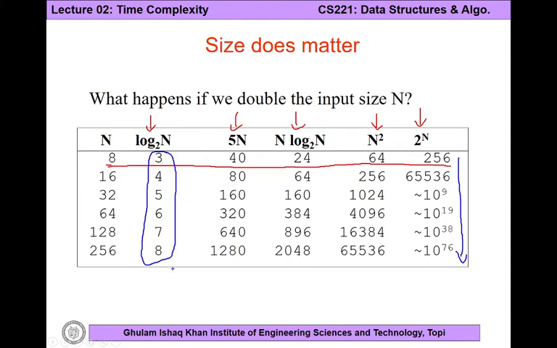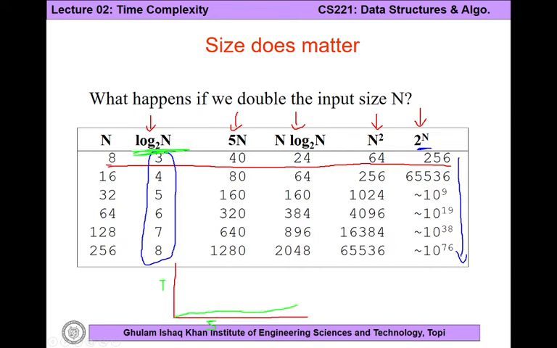It means we may draw it using a graph. Let me represent the logarithmic one using a green line, and the exponential one using a blue line. This is the size of the input, and this is time. The green line, the logarithmic algorithm, is going to run like this.